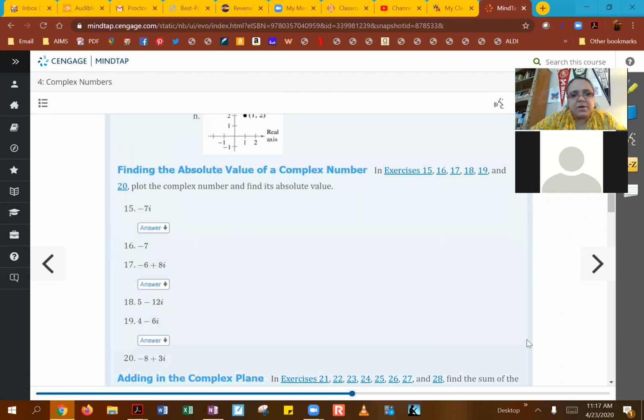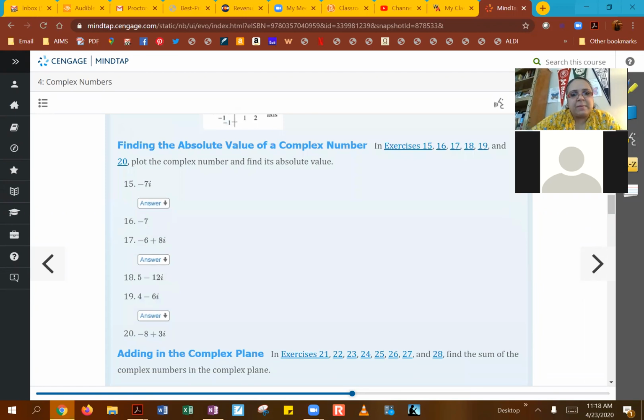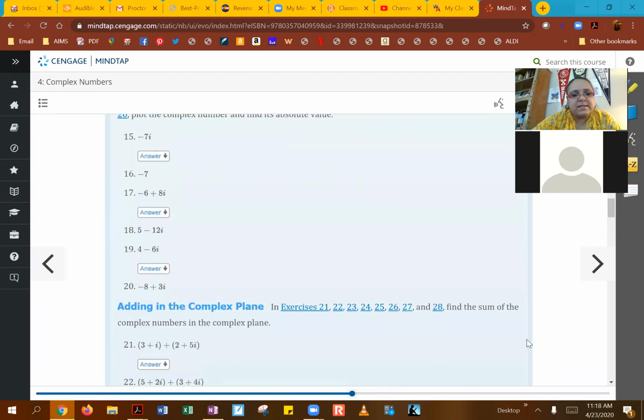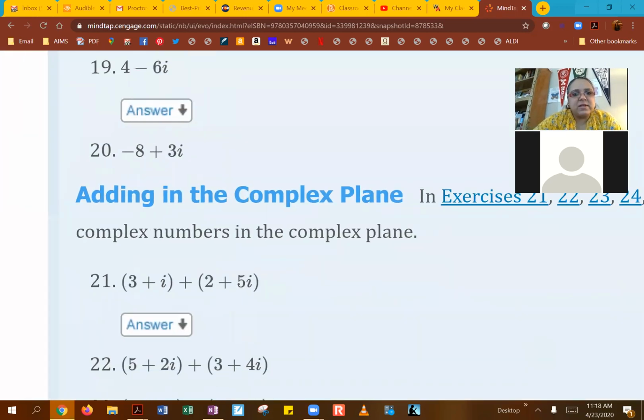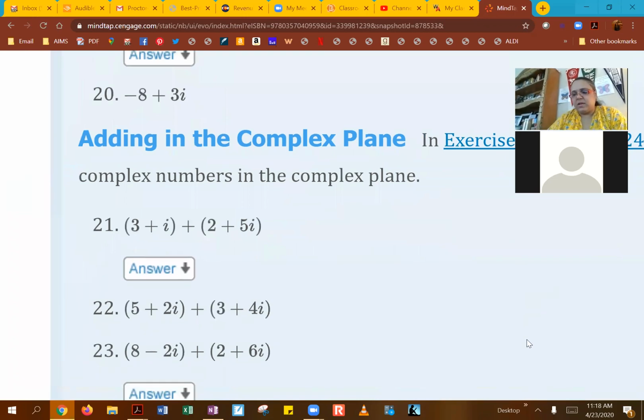Okay, number 20 over here. This is just talking about plotting the complex number and finding its absolute value.